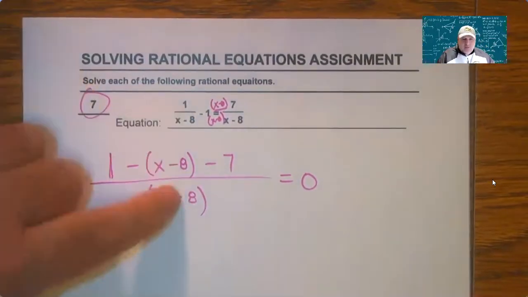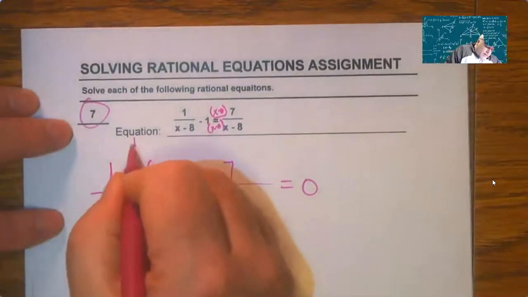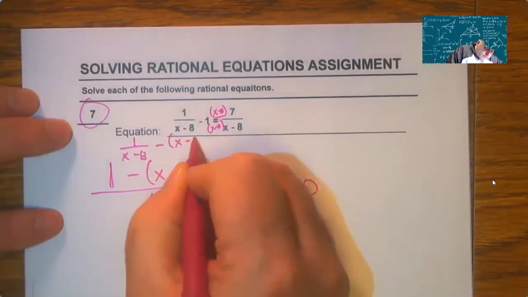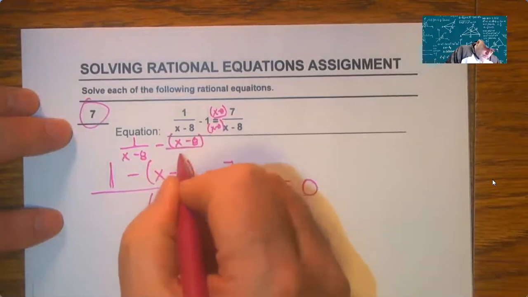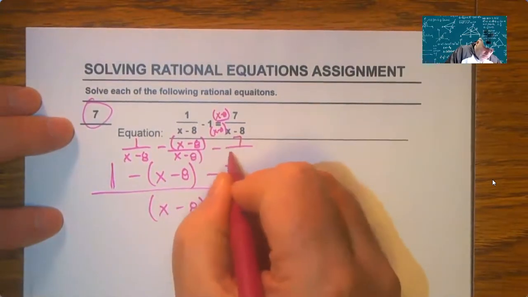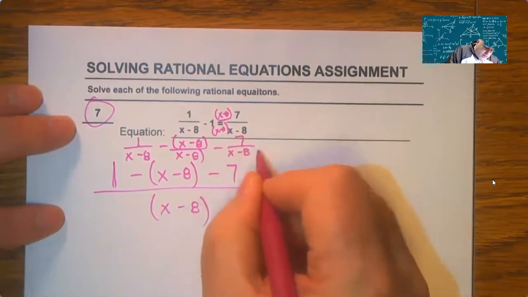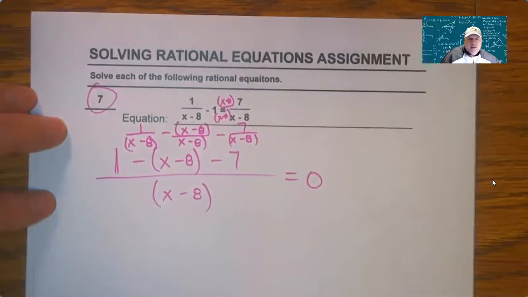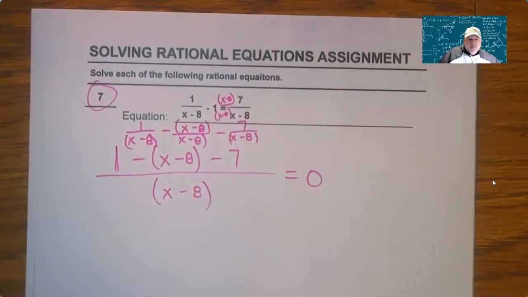So if you showed the individual steps, this is what it would look like. I guess I can put parentheses. So that's what the step looks like before that. But I think you can write it all in one and save that work.